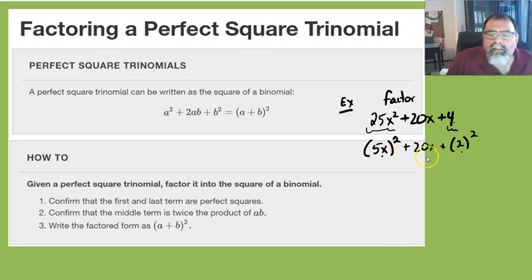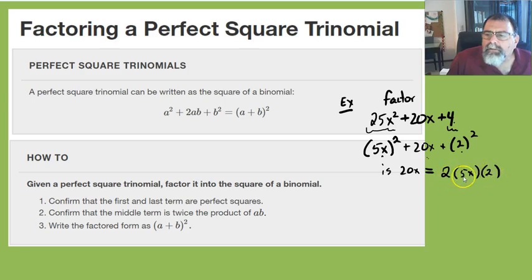Now we want to check if it fits this pattern. Is 20x equal to twice AB? So remember, this is the A, so twice AB.